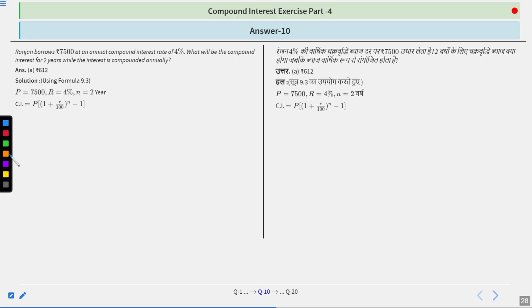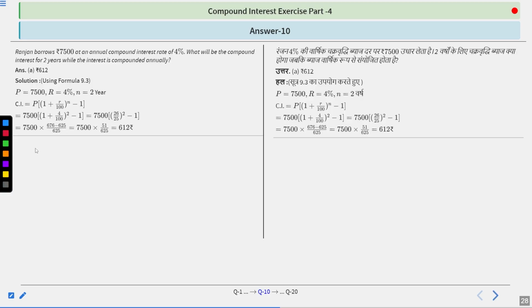We know the formula of CI using 9.3, that is P into 1 plus R upon 100 whole power n minus 1. So putting the values of P, R and n, we get 7,500 into 1 plus 4 upon 100 whole square minus 1. That becomes 7,500 into 1 plus 4 upon 100 is 104 upon 100, that is 26 upon 25 whole square minus 1.